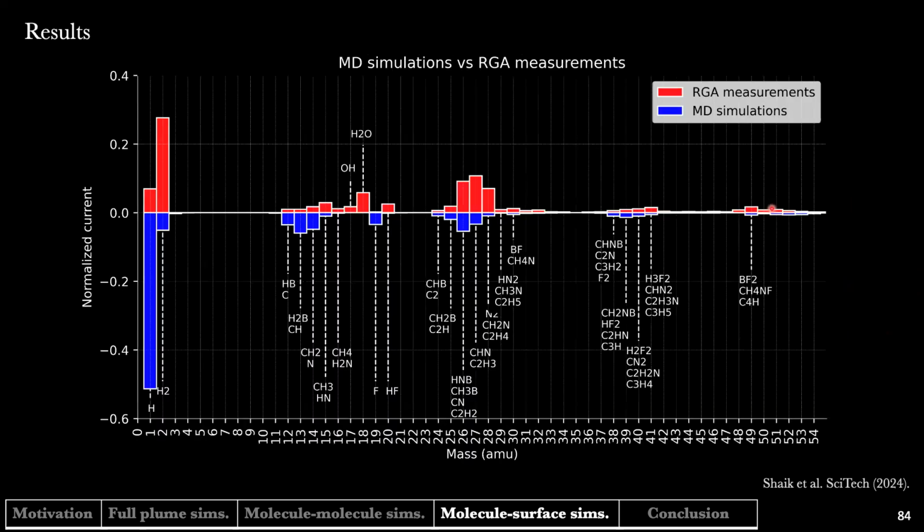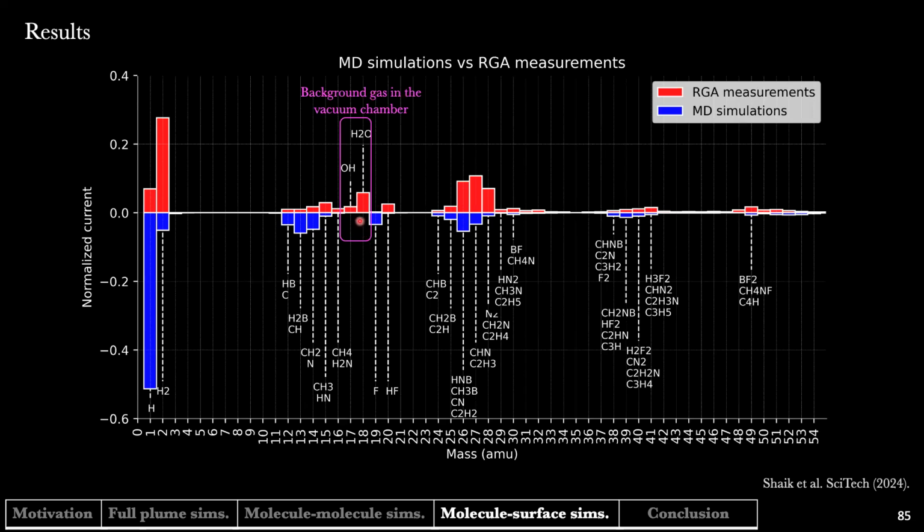And this figure here shows a comparison between the predicted mass spectrum in blue and the measured mass spectrum in red. And we see some qualitative agreement between the two. However, we also see some discrepancy. So mainly there's this discrepancy here.